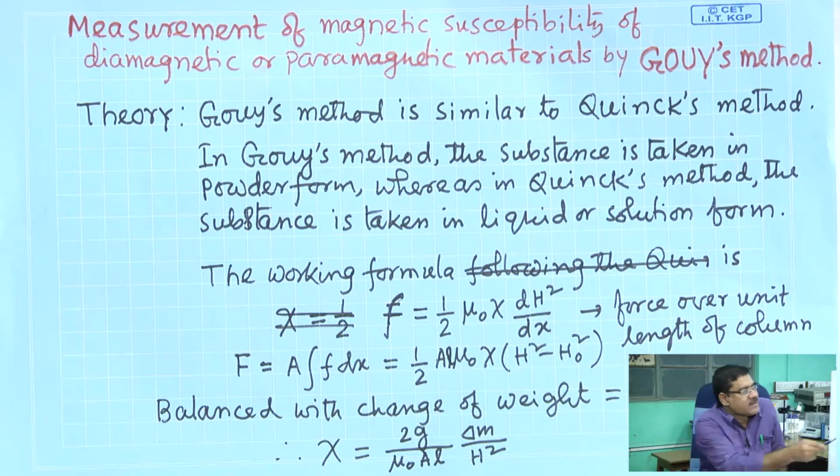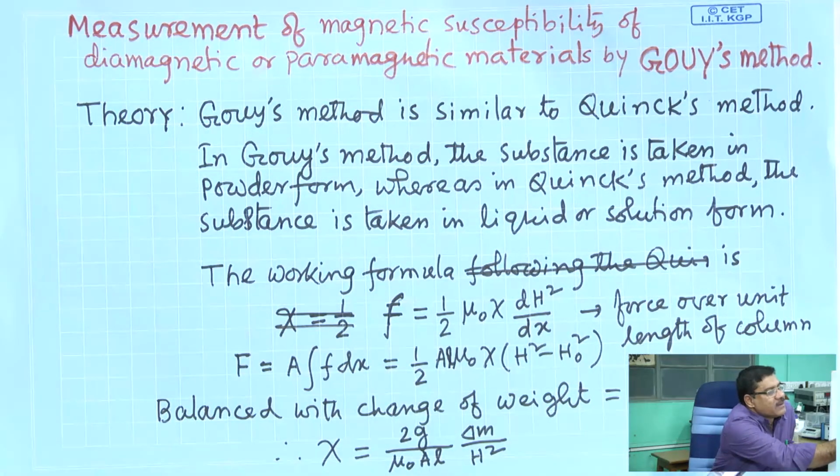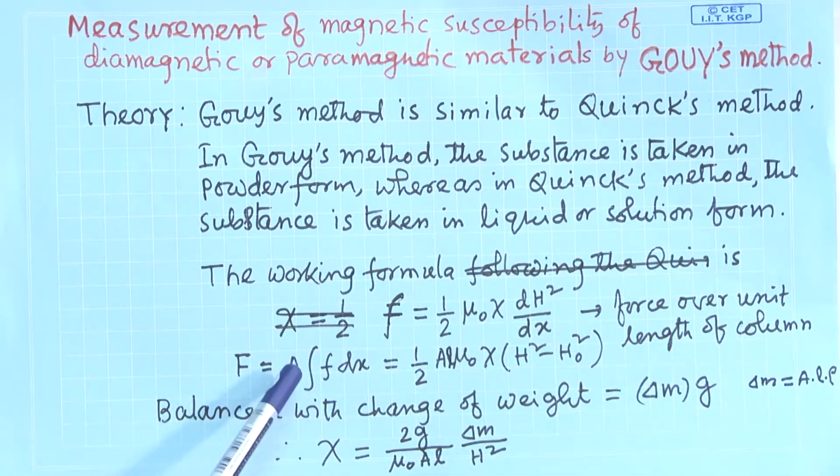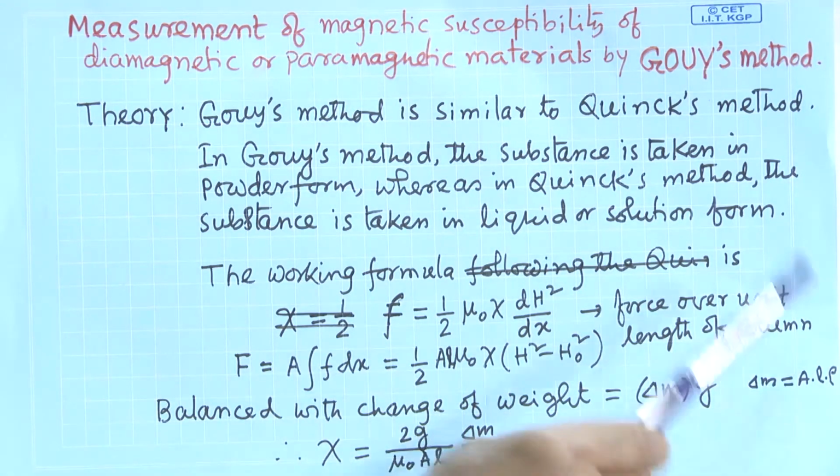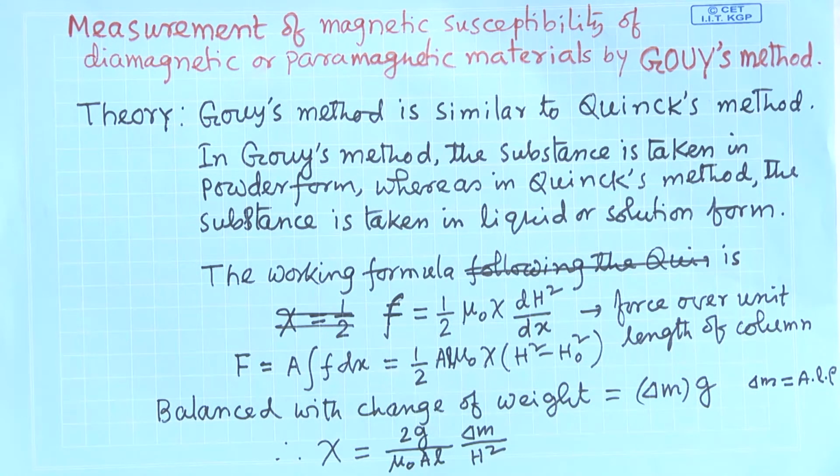And this del m, as I told, is A into L, the volume of the sample, into rho, the density of the sample.